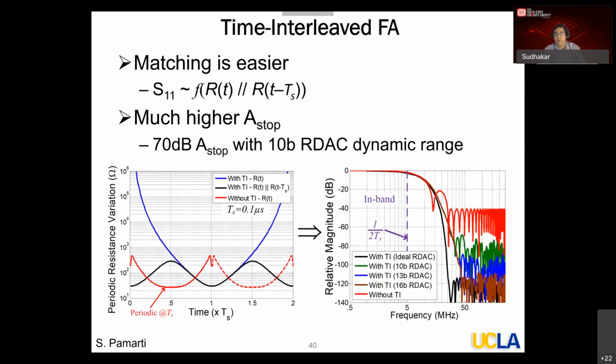For example, with a 10-bit DAC, you can get 70 dB or better stopband attenuation. By the way, please note that you can trade off stopband attenuation for filter sharpness. In some situations where you want more stopband attenuation but don't care so much about filter sharpness, you can make that trade-off. That comes from standard digital filter design techniques, nothing new or specific to this particular circuit technique.